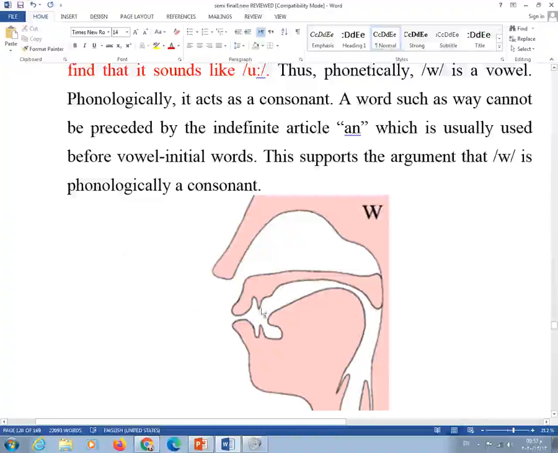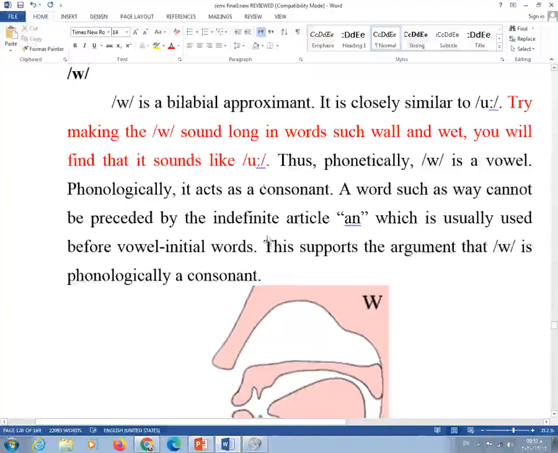So what is W? How can we pronounce it? Try making W sound long in words such as wall and what. You will find that it sounds like ooh. So we say wall.